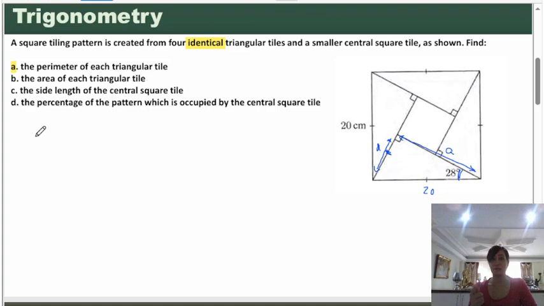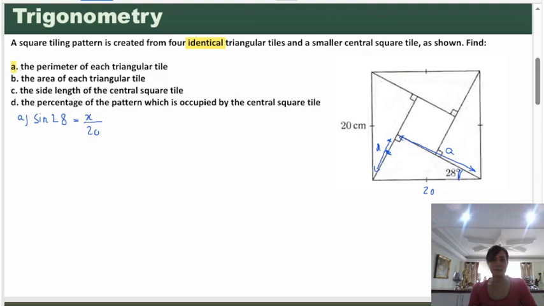Opposite side over hypotenuse gives me the sine. So for part A, sine of 28 equals the opposite side, x, over 20.